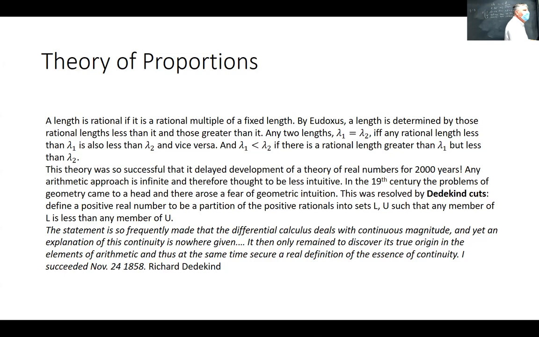But then the trouble came that in the 19th century, people started getting scared of geometry. And for those people in college geometry, why is that? What happened in the 19th century that made geometry dodgy?